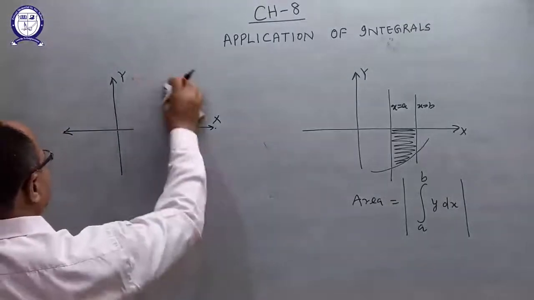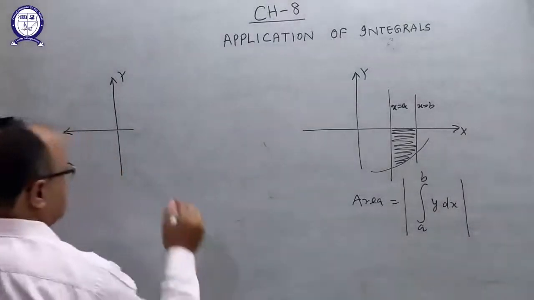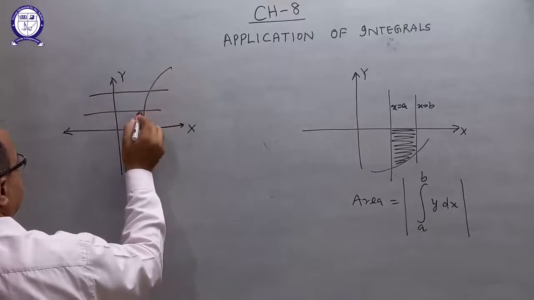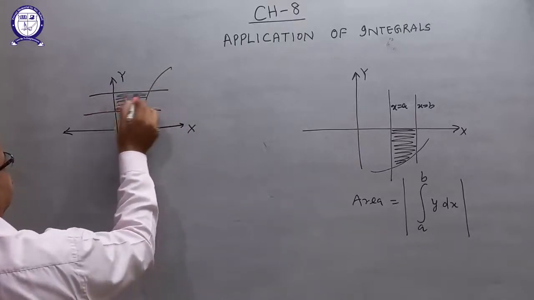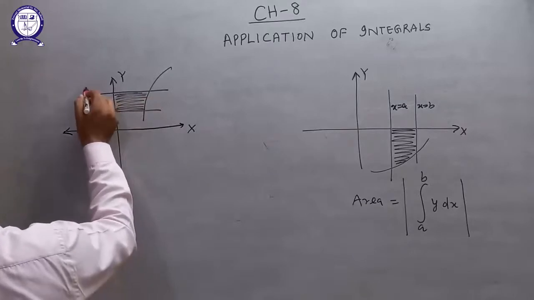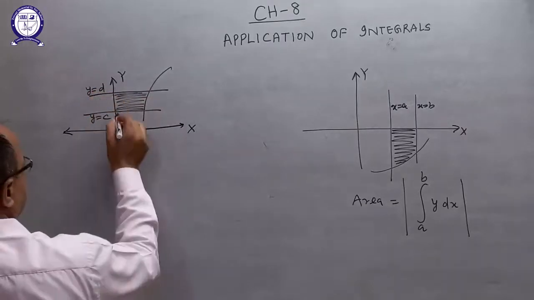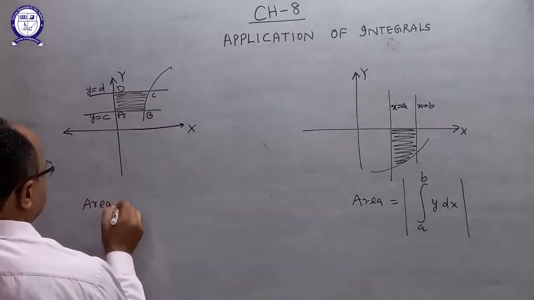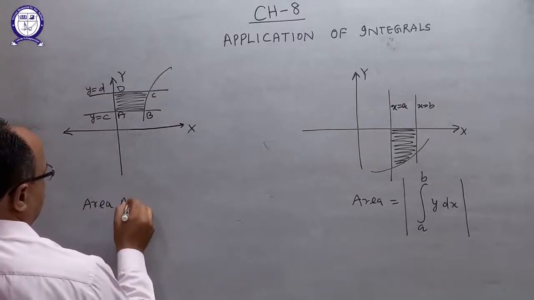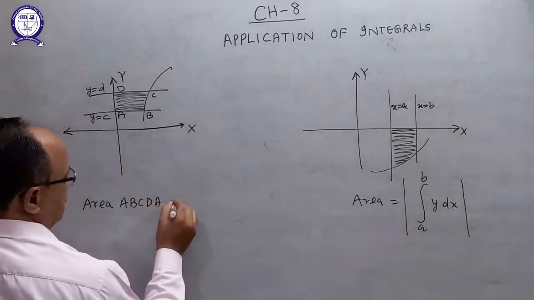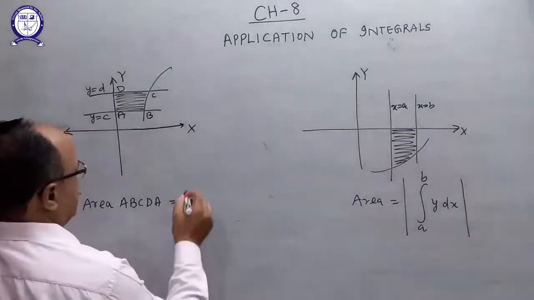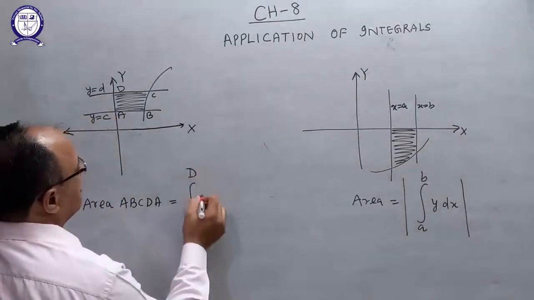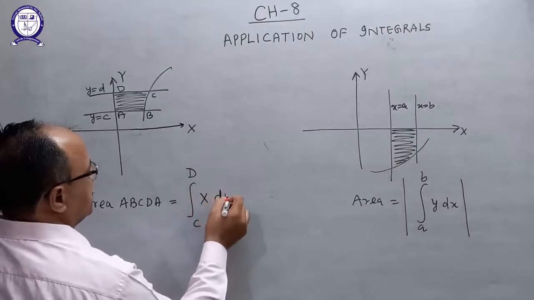Now if the area is attached with the y-axis, and you want to find this area, where y is equal to c and y is equal to d, naming it A, B, C, D. Therefore, area ABCDA is integration with limit c to d of x dy.